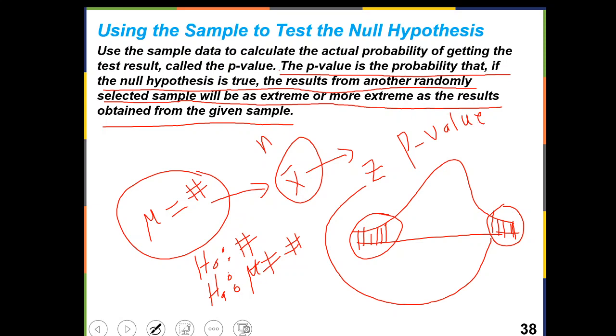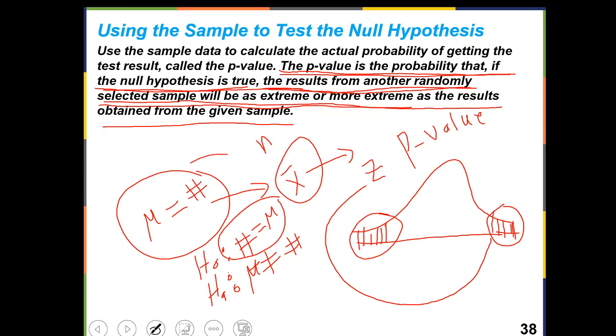It says the p-value is the probability that if the null hypothesis is true, if we accept that this is mu, we assume that it's true, then the p-value is the probability that the results from another randomly selected sample will be as extreme or more extreme as the result obtained from the given sample.